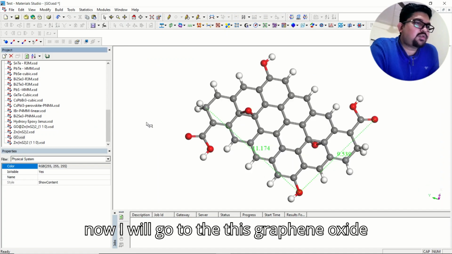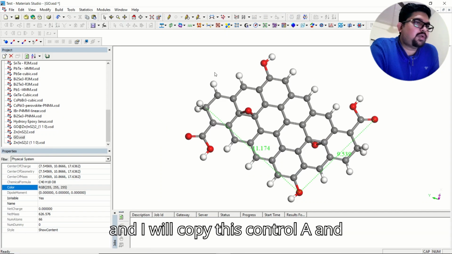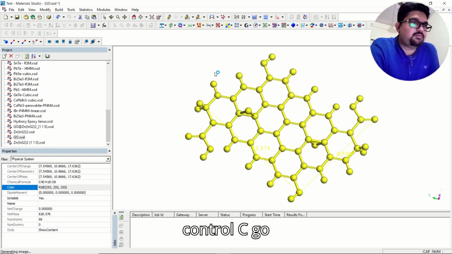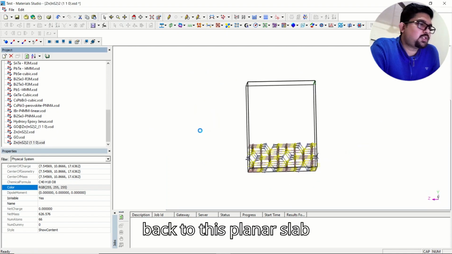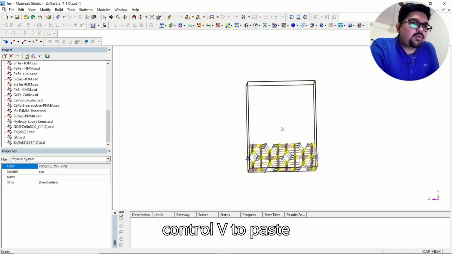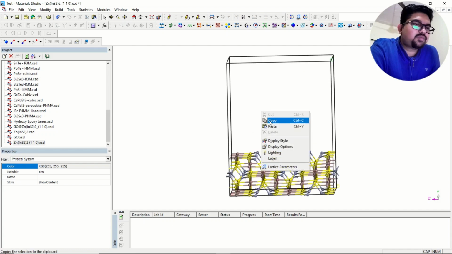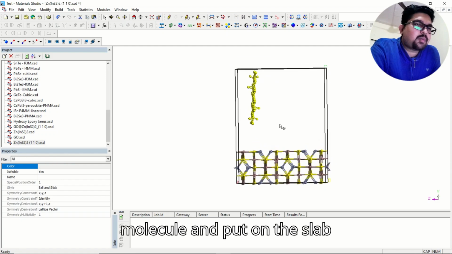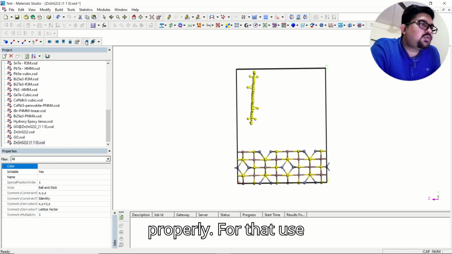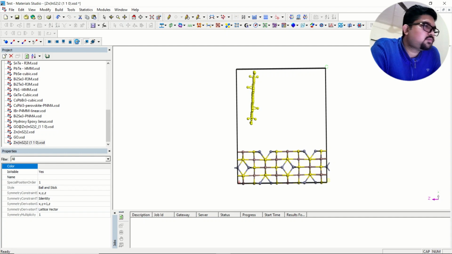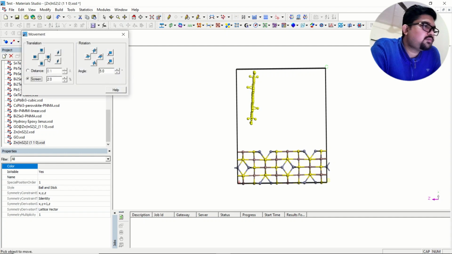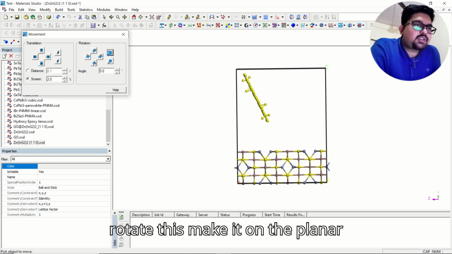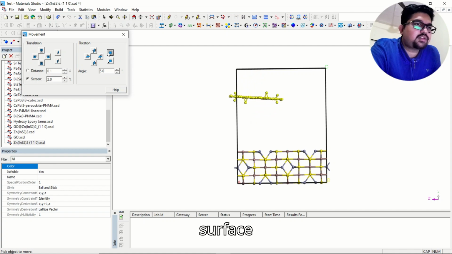Now I will go to this graphene oxide, and I will copy this, Control A and Control C, go back to this planar slab, Control V to paste, or you can paste by just clicking this paste. Select your molecule and put it on the slab properly. For that, use the movement tool here and rotate this, make it on the planar surface.